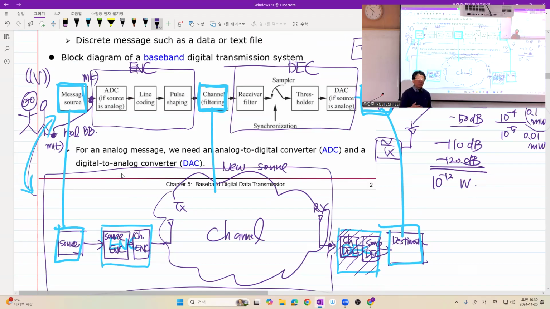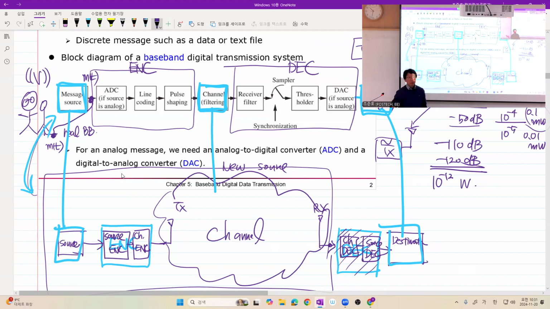But sometimes there is a mathematical theorem where we can separate source encoding and channel encoding, and source decoding and channel decoding, without losing any optimality. Especially when we have a single source and single destination, and a memoryless channel.